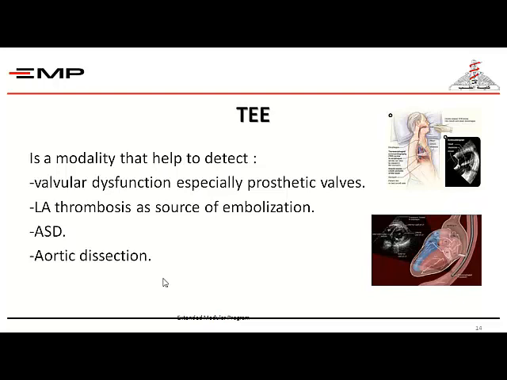It helps with the presence of ASD, especially in adult patients, where the atrial septum is located in a posterior aspect and is difficult to assess properly using the transthoracic echo. And in cases of aortic dissection, the probe of the echo can detect or diagnose the presence of dissection up to the mid-thoracic aorta.